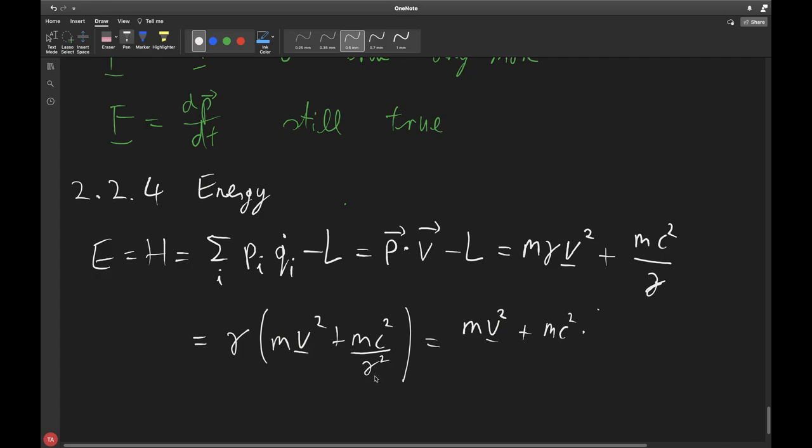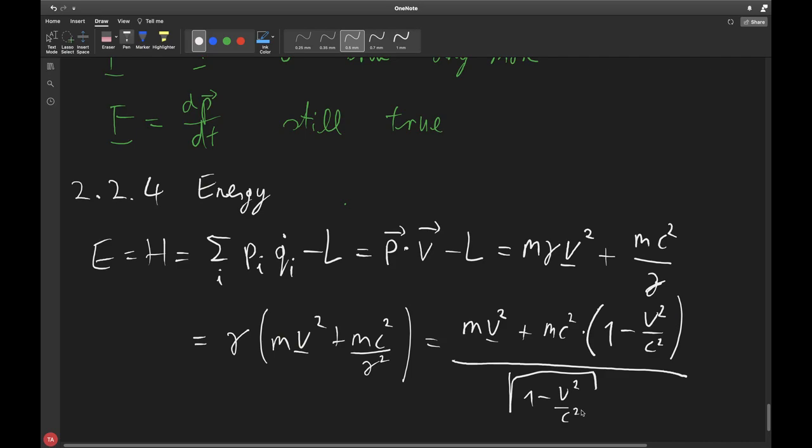The square of 1 over a square root is just going to give us, and it was also divided, so when we divide by 1 over something, that's a reciprocal, it means this goes up here, and we relate to 1 over 1 minus v squared over c squared. And we should not forget that all of this was divided by the square root of 1 minus v squared over c squared.